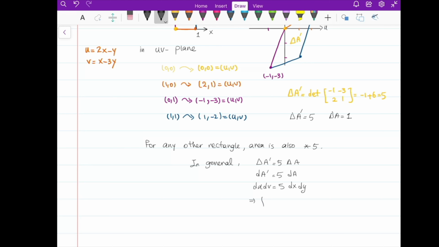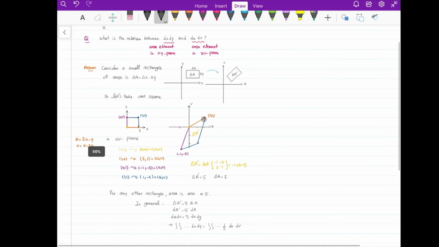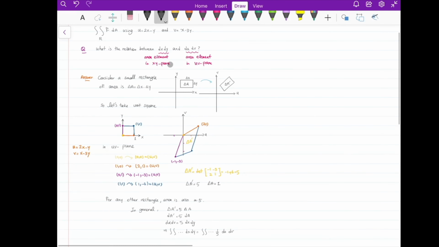And so inside the double integral, when I have dx dy, it would be 1 over 5. So you see dx dy would be 1 over 5 du dv. Very good. So that's how we transform x and y into u and v when we have this u and v.